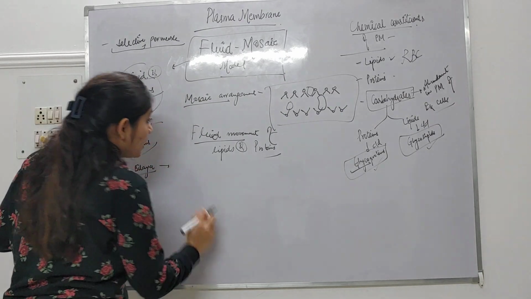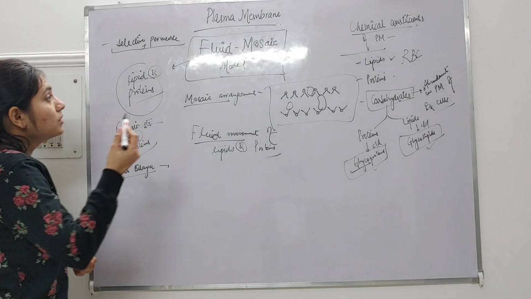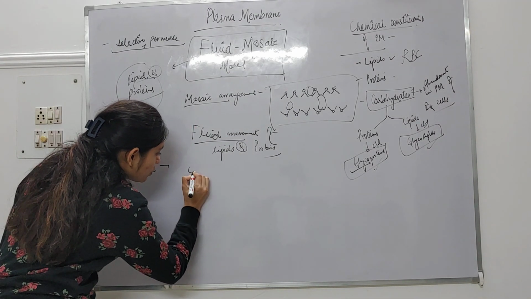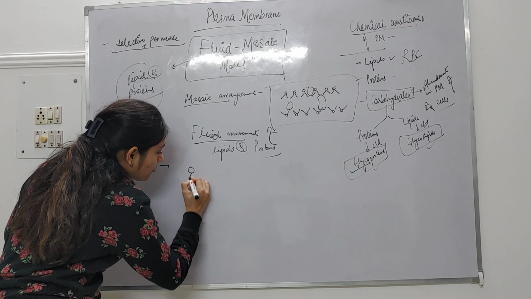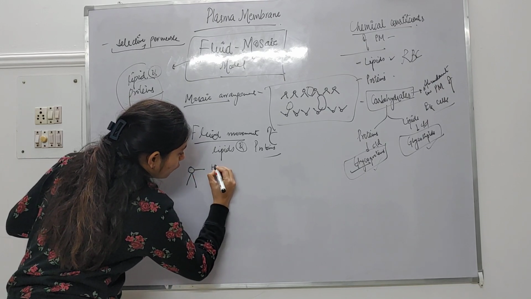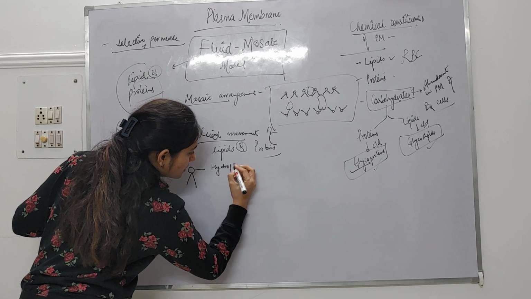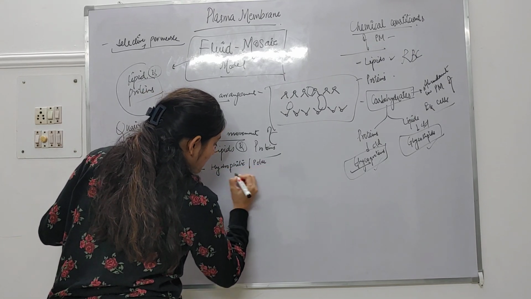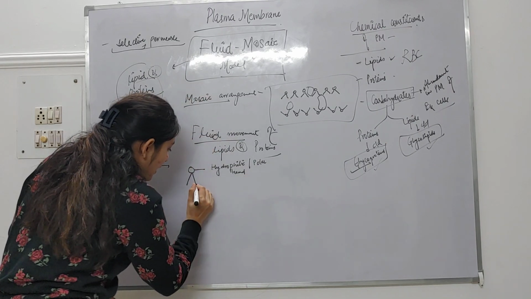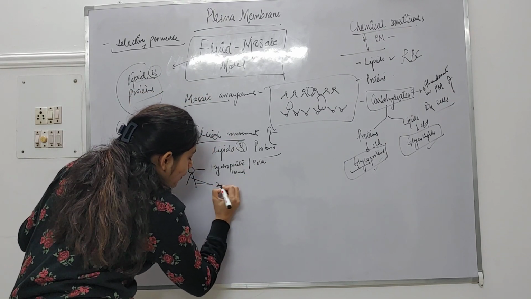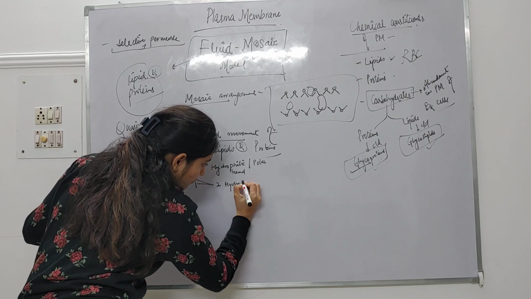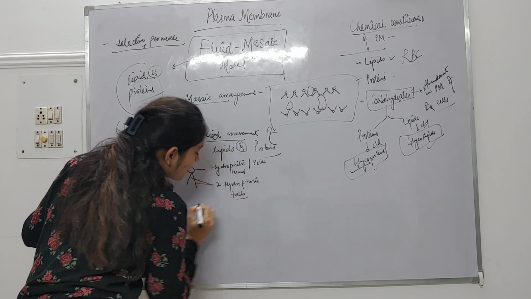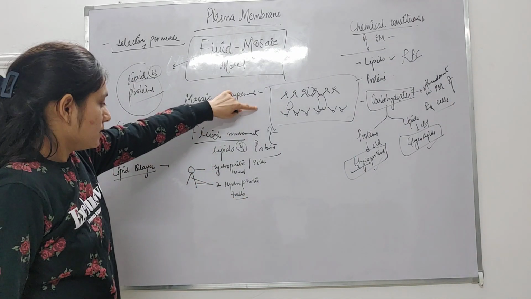Lipid bilayer means the plasma membrane is present in the form of a bilayer in which a hydrophilic or polar head is present, and two hydrophobic tails are present. And their arrangement is like this.